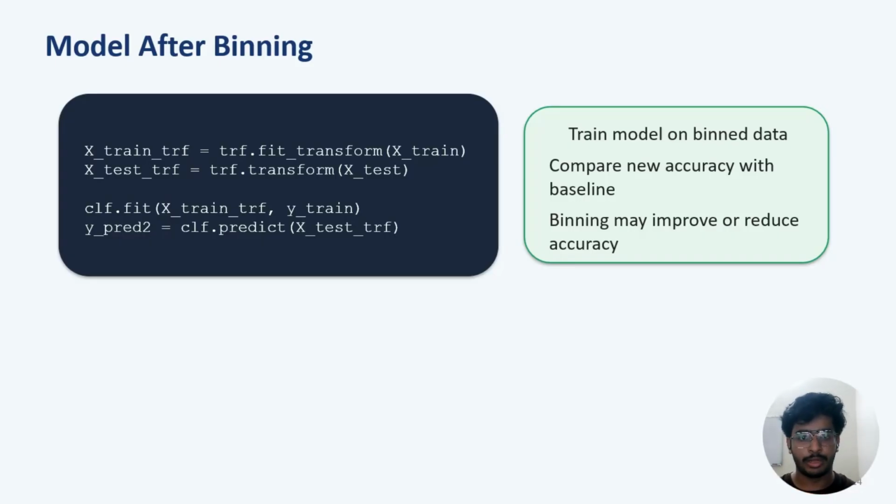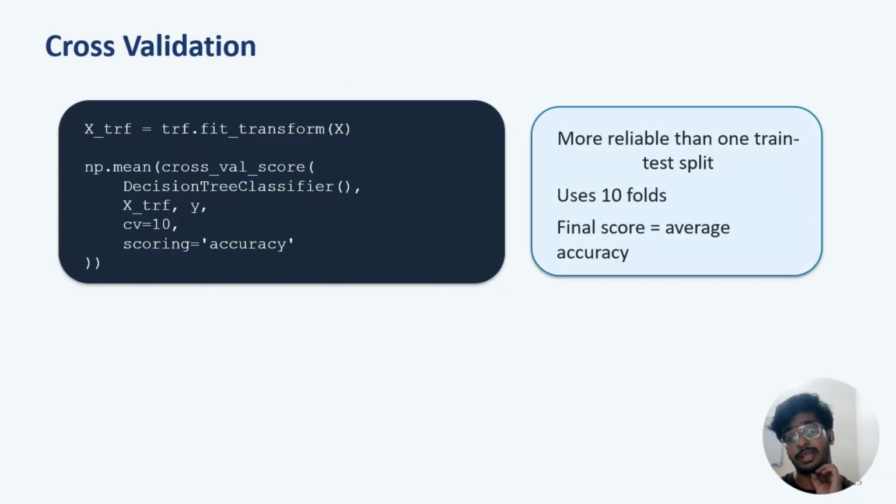Okay, moving on to the next slide. The next slide contains cross validation. To get a more reliable performance score, we use cross validation. Let's take an example. The example I've given on the slide is tenfold cross validation.